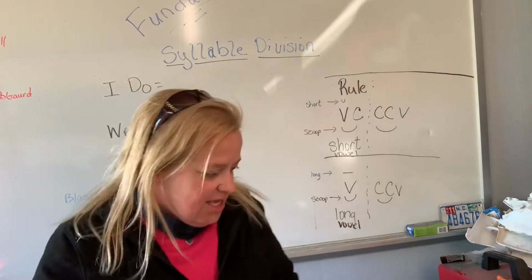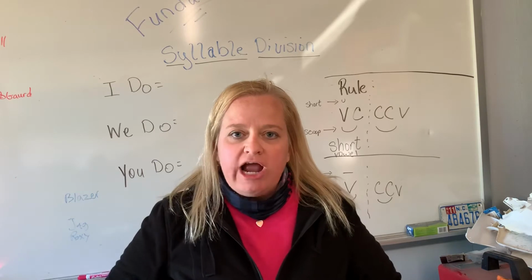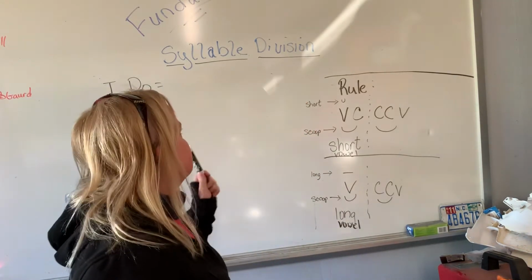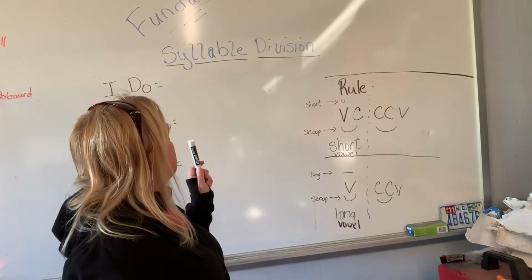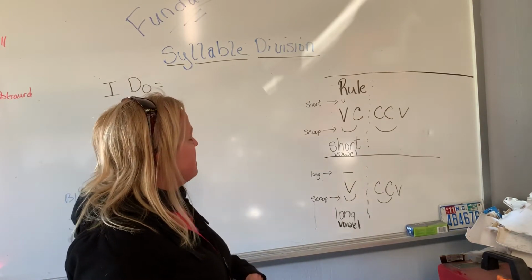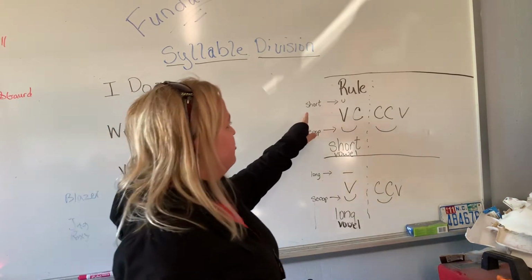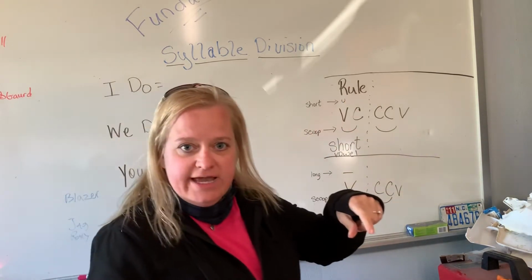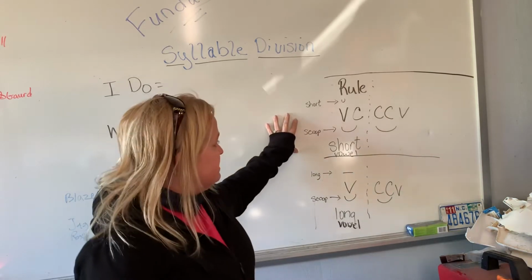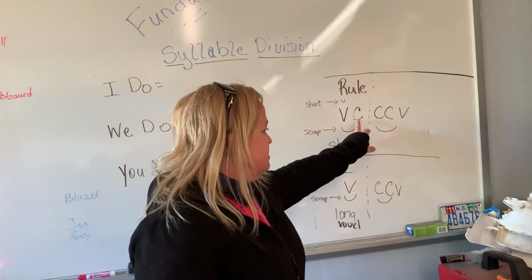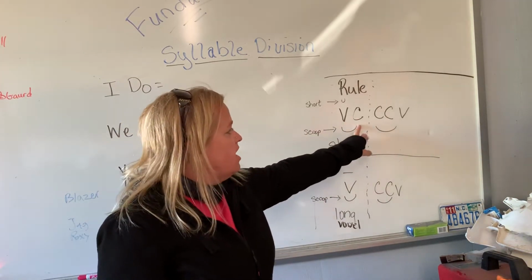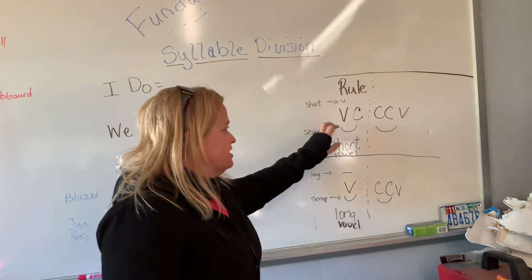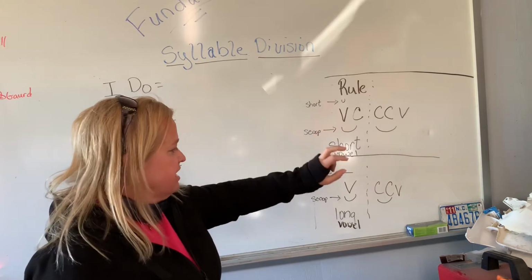Hi guys, I'm going to start our interactive video today with a lesson from Foundations on syllable division. This is our rule over here. I'm going to start off just like we do in class by telling you, anytime we have a V, which is a vowel, a consonant, vowel word, it is going to be a short sound.